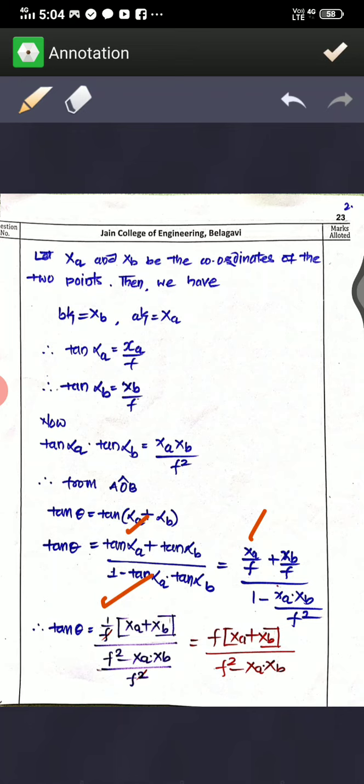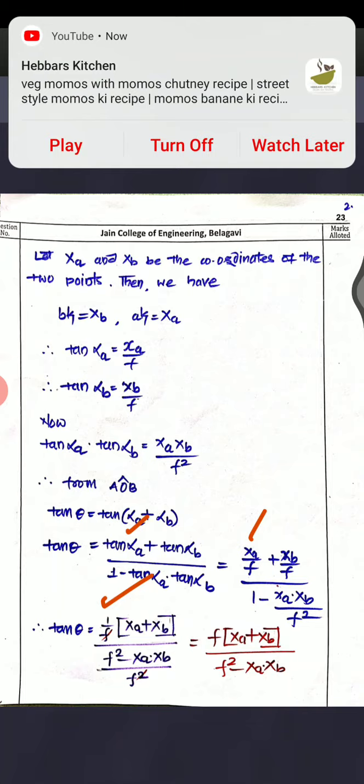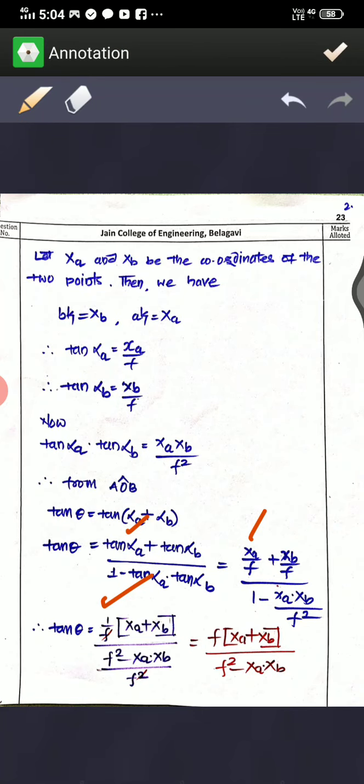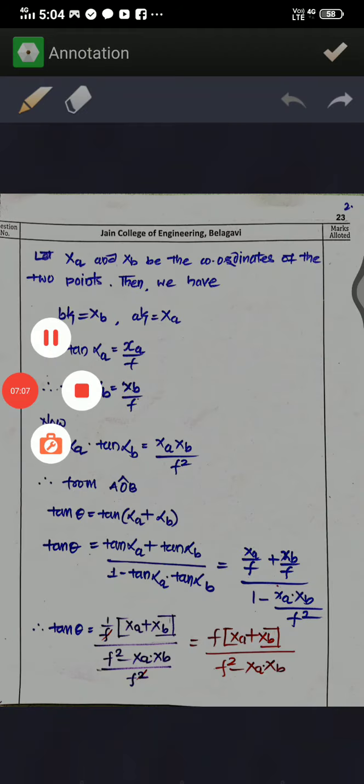Now if you cross multiply all these things, you will be getting, see here, 1f is going to cancel, then you will be having 1f, then xa plus xb divided by f square minus xa xb divided by f. Now you can take that f here, then f into xa plus xb divided by f square minus xa xb.